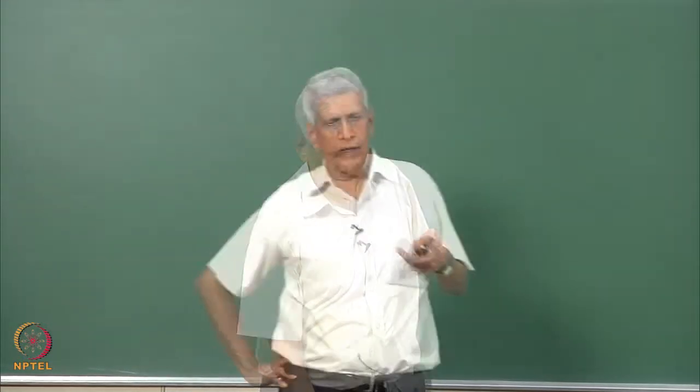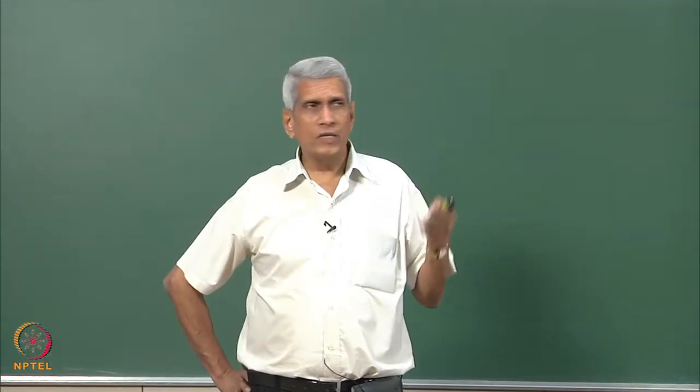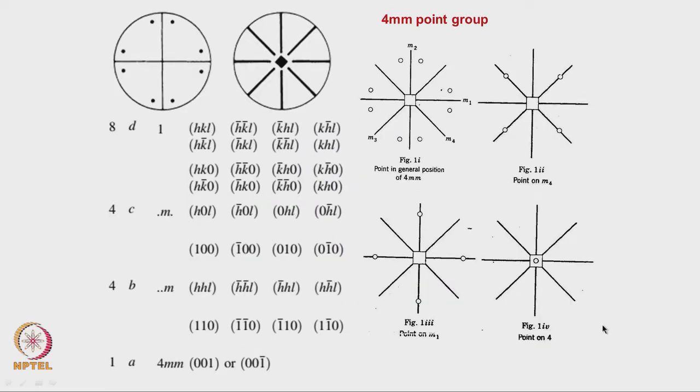So essentially, how many symmetry elements? That is rotation, if you consider there are 5, mirror 6, right? Then roto inversion. These are all the symmetry elements. Then a combination of roto inversion and rotation axis. All of them put together, the total number as I mentioned is 32.